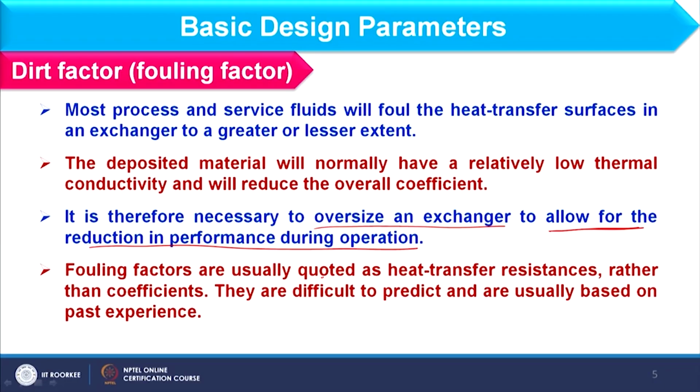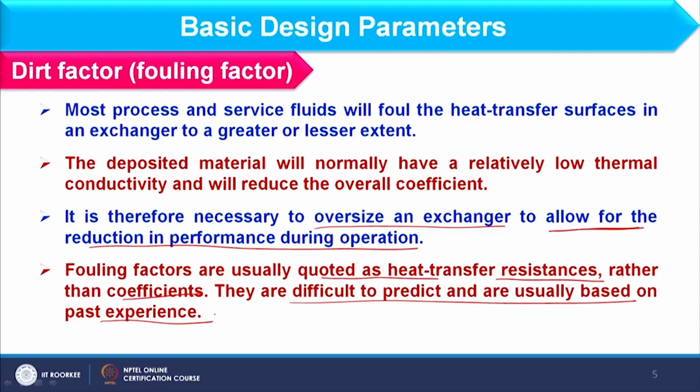So, fouling factors are usually quoted as heat transfer resistances rather than coefficients. They are difficult to predict and are usually based on past experience, because when you are designing a heat exchanger, at that time you are calculating 1 by U naught considering all 5 parameters, but the exchanger is not existing. So, how can you consider the dirt factor?